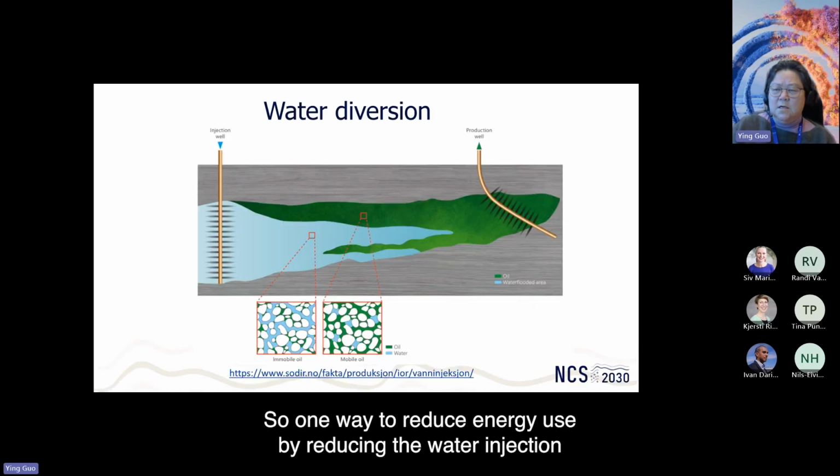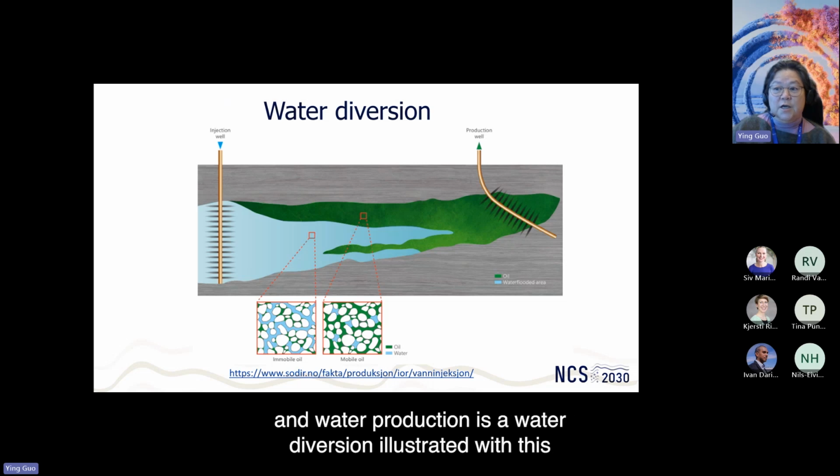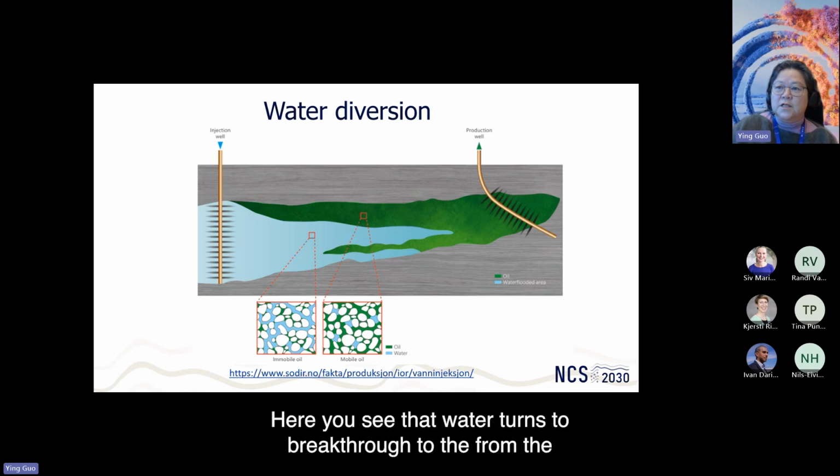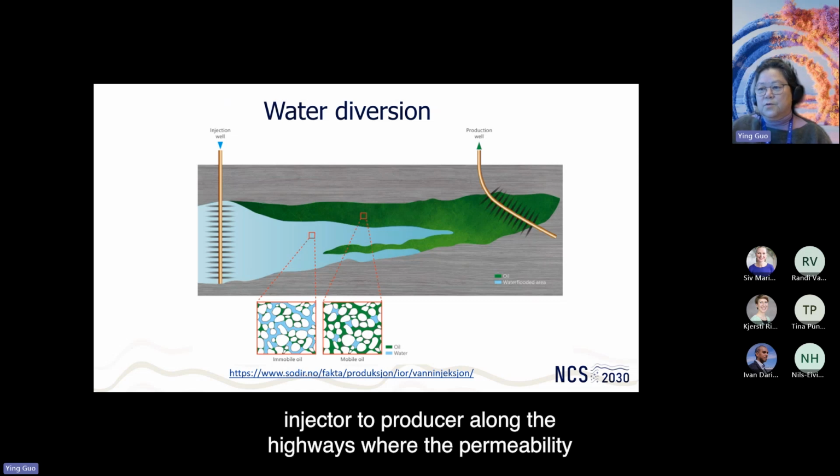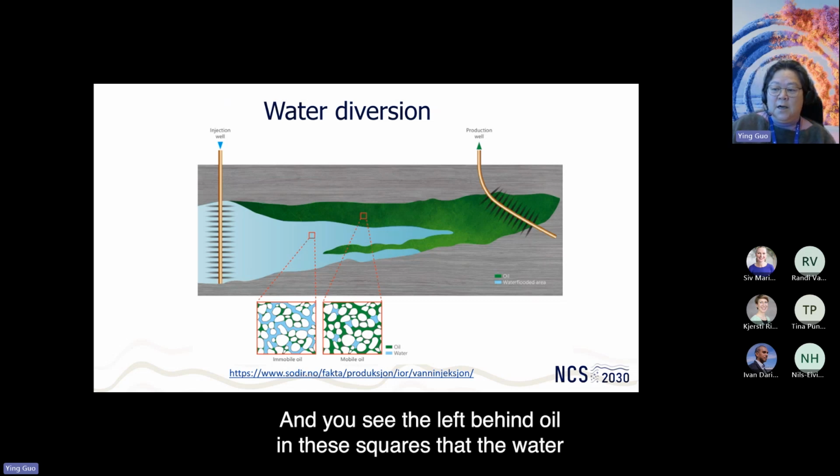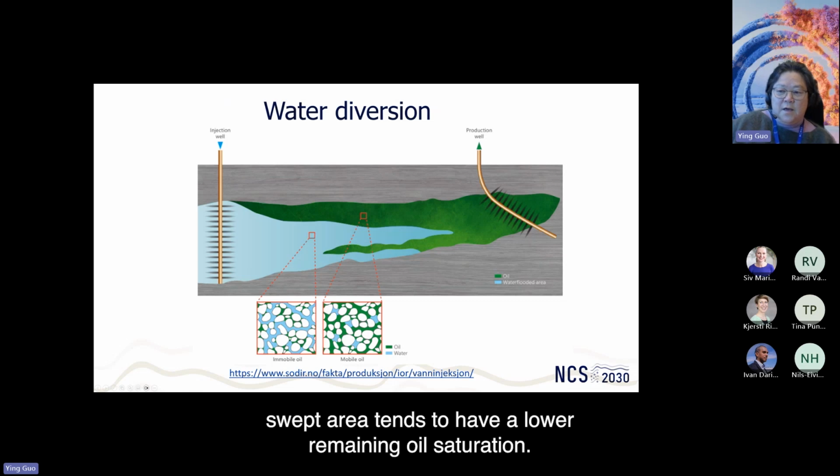So one way to reduce energy use by reducing the water injection and water production is water diversion, illustrated with this figure.